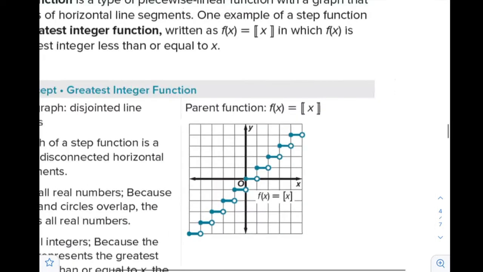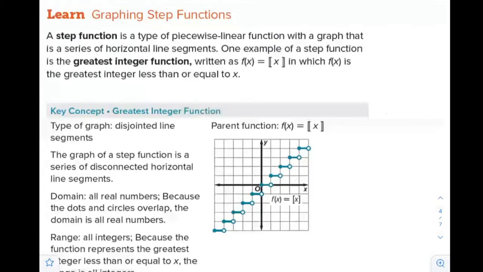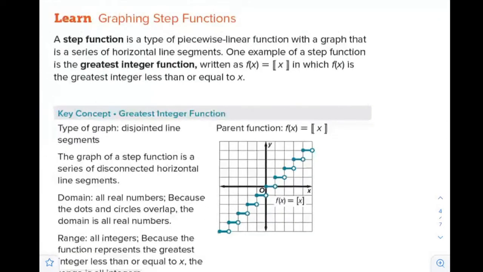One of the famous step functions is called the greatest integer function. The greatest integer function has notation like this: a symbol with 2 brackets, and x is between these brackets. This is called the greatest integer function. As per definition, the greatest integer function is the greatest integer less than or equal to x.